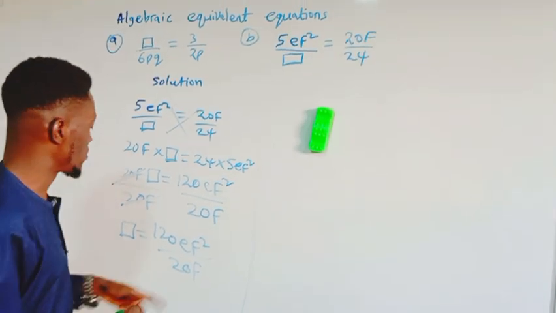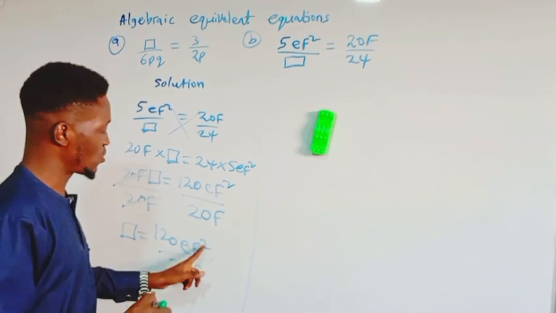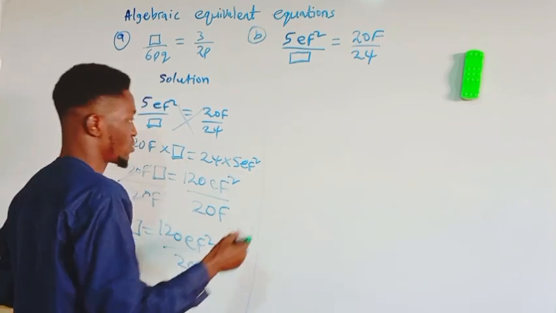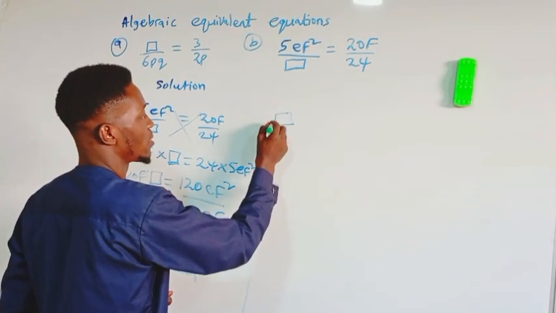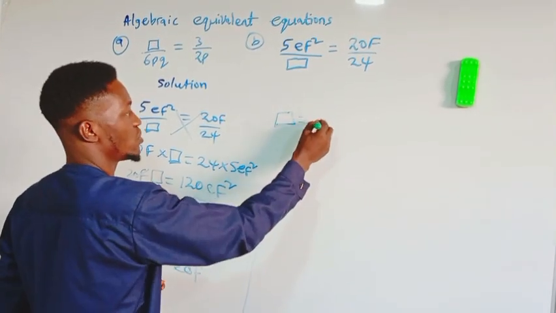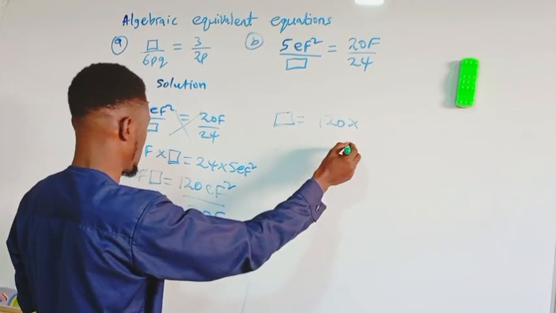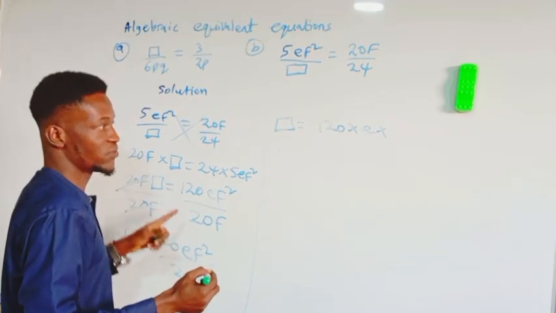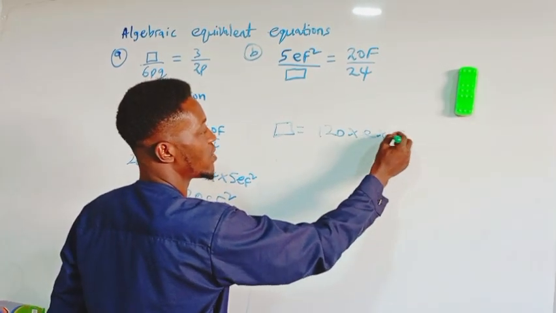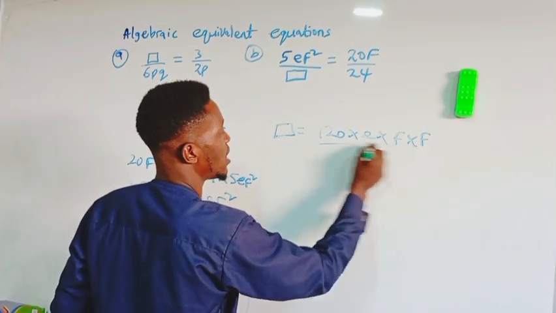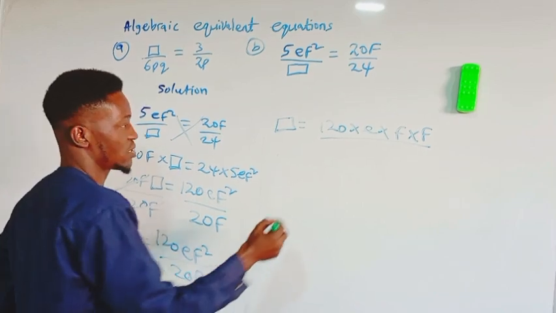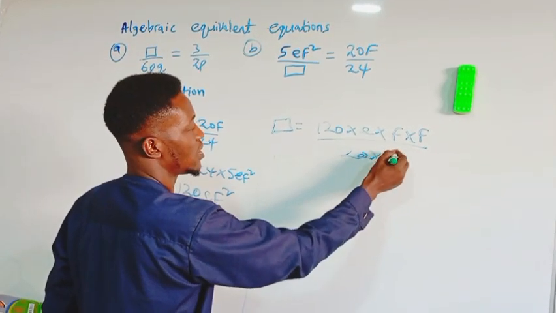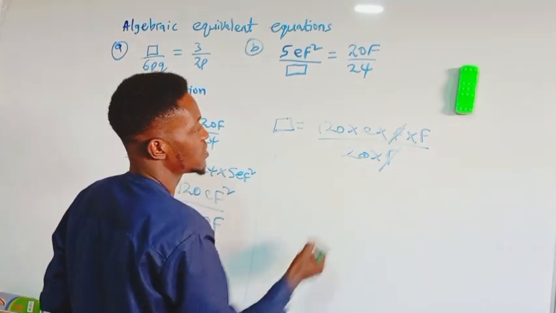So what I'm going to do, because this is squared, I'm going to expand it. If I'm expanding it, the symbol is equal to 120 times e times f times f over 20 times f. Then f cancels f, right?